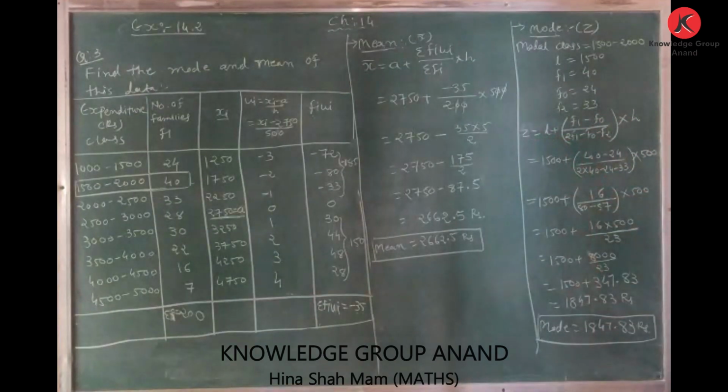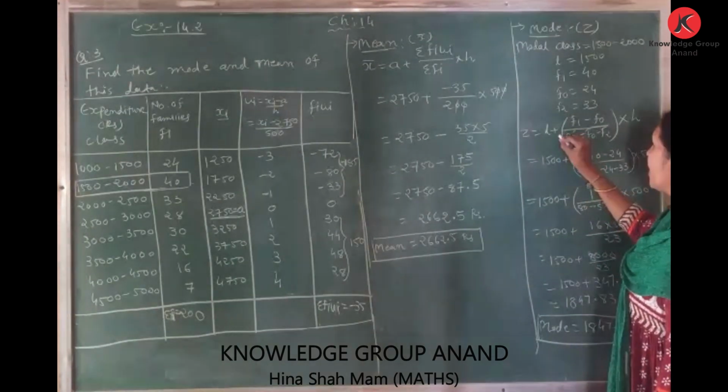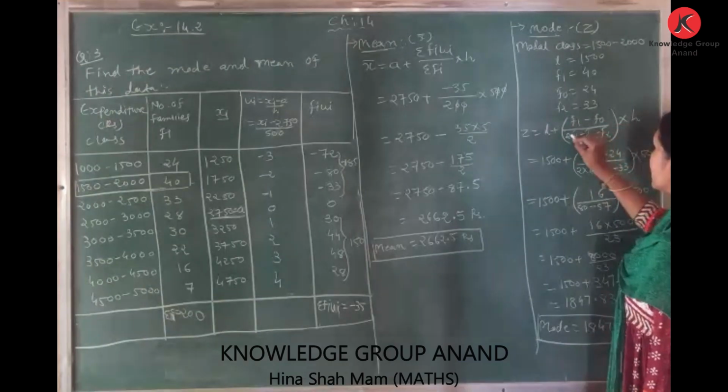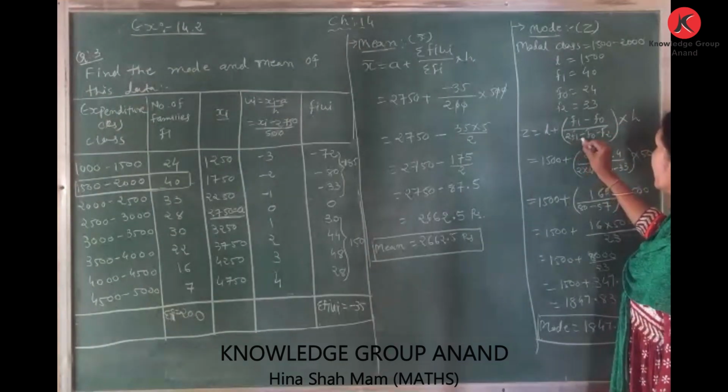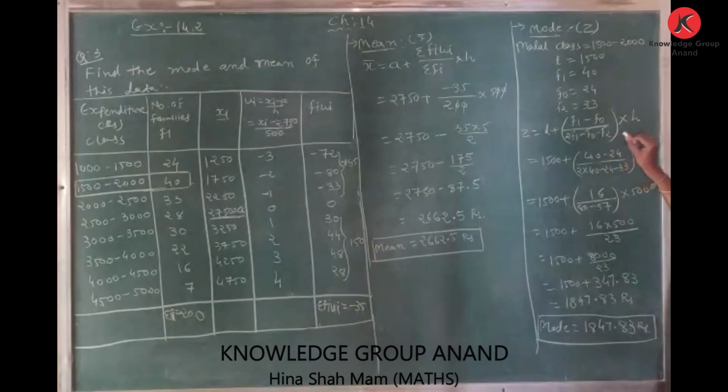To find the mode, our formula is Z equal to l plus f1 minus f0 upon 2f1 minus f0 minus f2, into h.